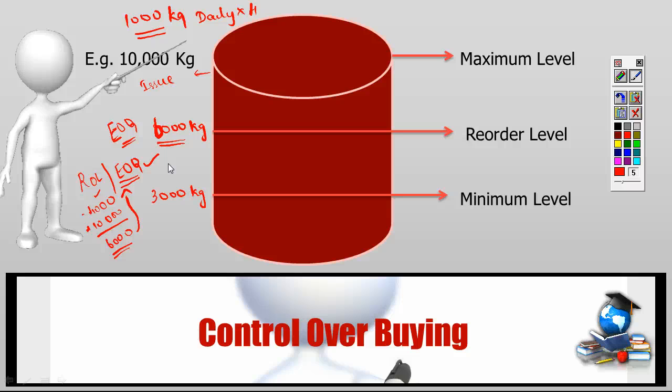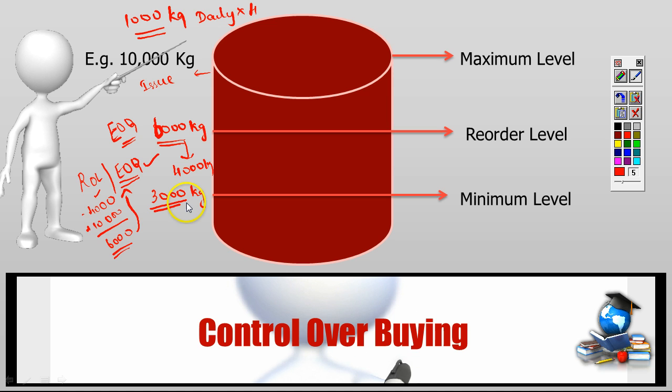So on Monday morning, this level will come down to 4,000 now. If we are getting fresh supplies only on Tuesday, then it would have touched the minimum level.